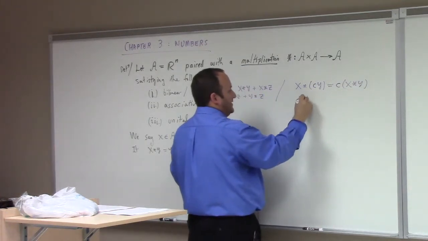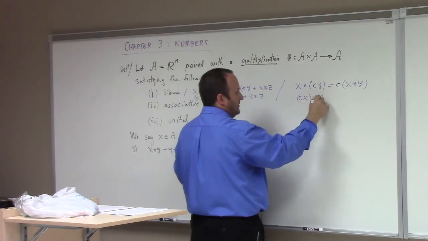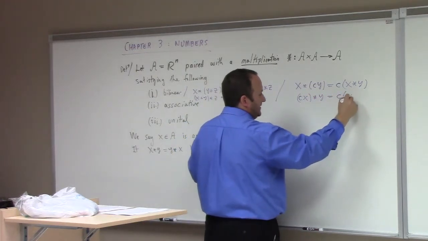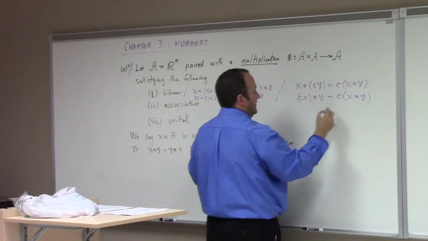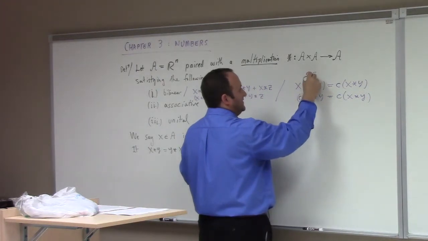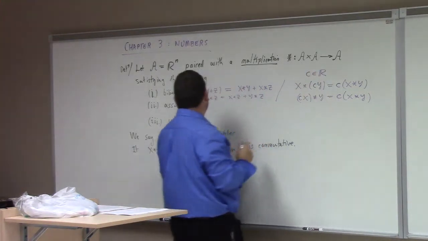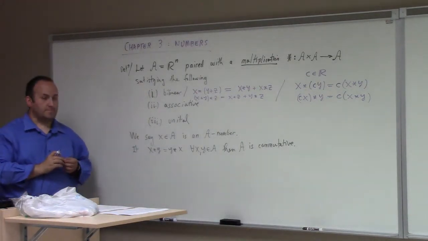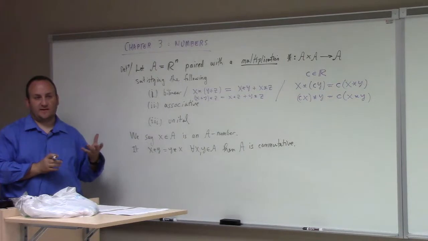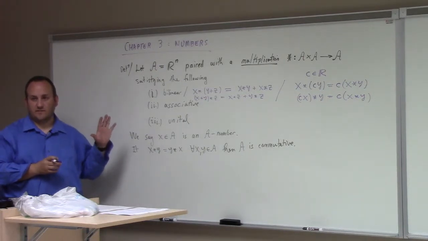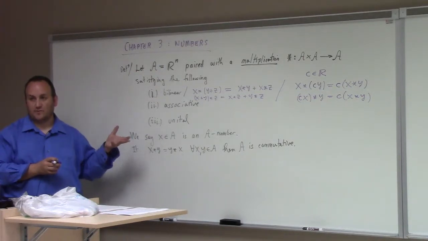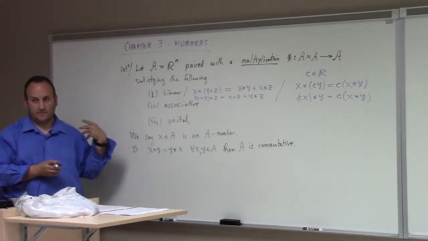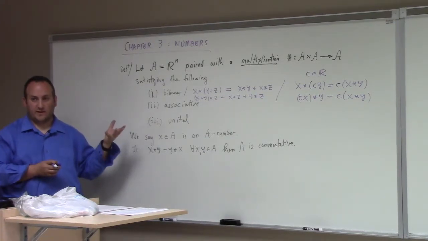And also, if we have a constant times x in the first slot, we can pull that constant out front like that. Here I'm assuming that c is a real number. So that's bilinearity. It says we can distribute either left or right over sums like you're used to, and you can pull real numbers out. That's one thing we're assuming a number system has.